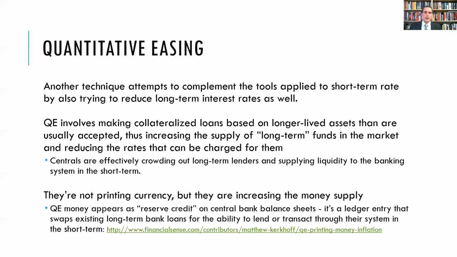So when we talk about quantitative easing, generally what we're looking at is central banks buying up longer term assets and in exchange creating short term reserve currencies that can be used by the various members of the banking community in their country in order to transact with one another.